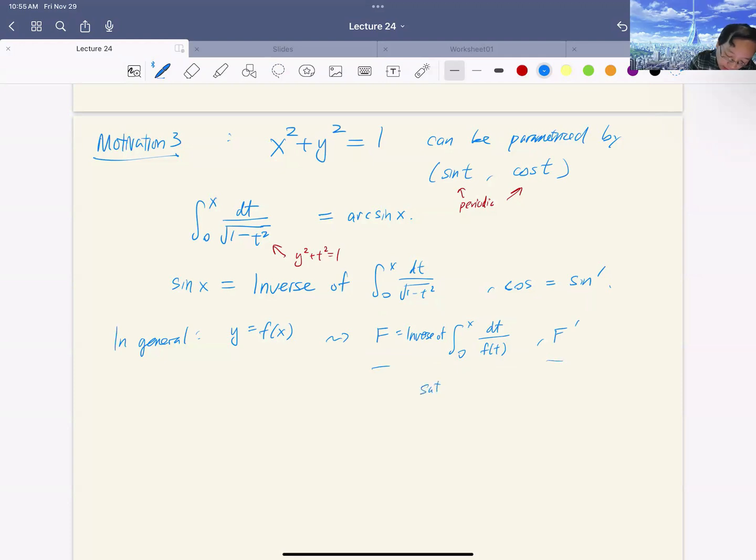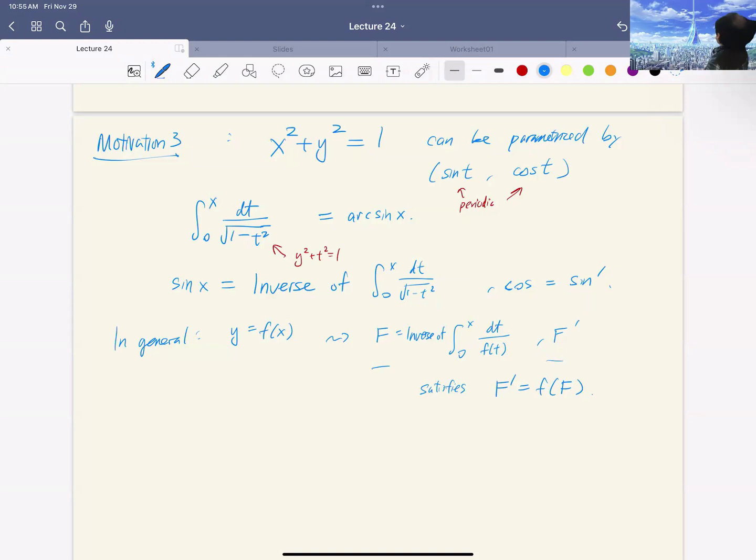So this will satisfy f prime equals f of f. Basically, you just use the chain rule. Differentiating the inverse gives 1 over the derivative of the integral, which is 1 over f(t). But then you have to plug back in the inverse function. So the chain rule tells you f prime and f satisfy this. So it is a parameterization of the function.